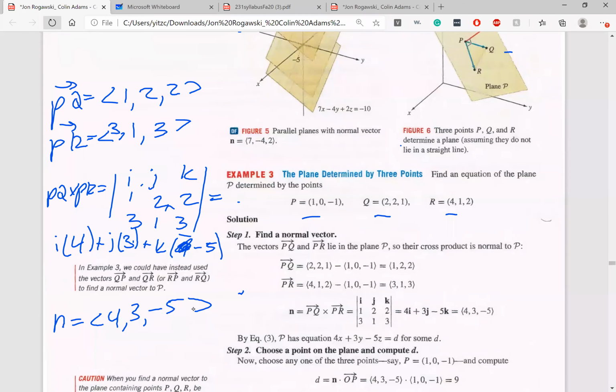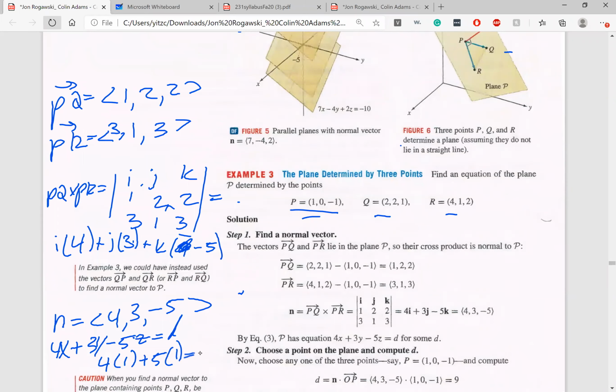Now, in order to find D, we just plug in one of these points. So let's plug in the point P. We have already that 4x plus 3y minus 5z is equal to D. So 4 times 1, and then 0, and then minus 5 times negative 1, so plus 5.